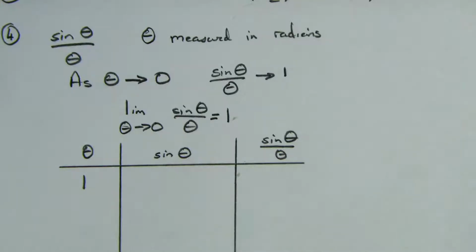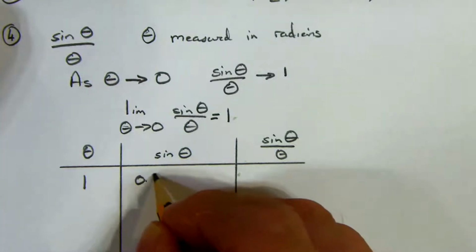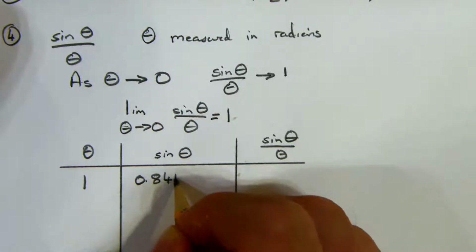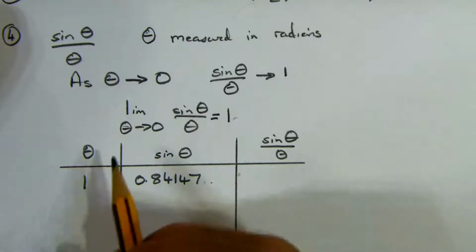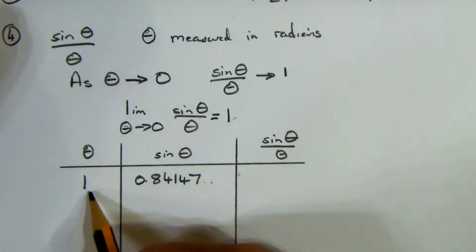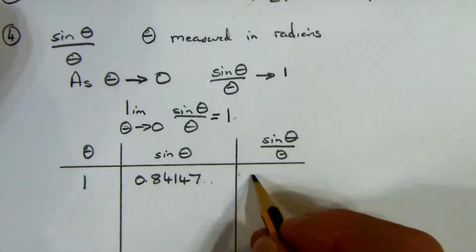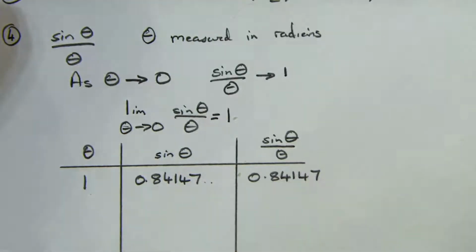And if we look up the sine of 1 radian, we'll see that this is 0.84147 and so on. If we then divide that by 1, this is going to be 0.84147.